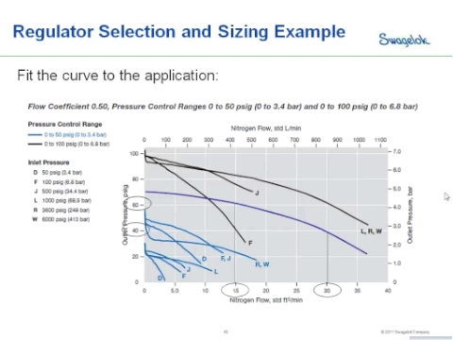So once we drop the flow curve, we see that we're at 60 psi at 15 standard cubic feet per minute. We're at 40 psi at 30 standard cubic feet per minute. So regardless of what flow or where we're at in our flow range for the application, we'll always fall within our pressure tolerance. So this is a good regulator to select for the application.